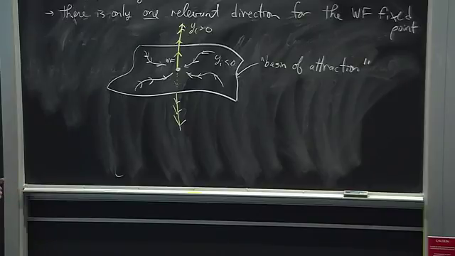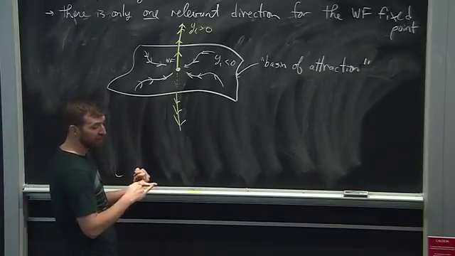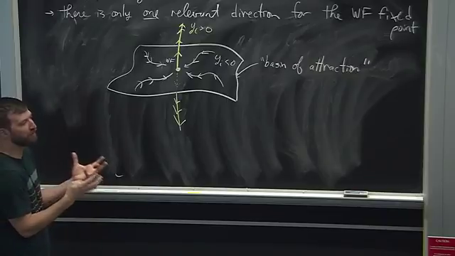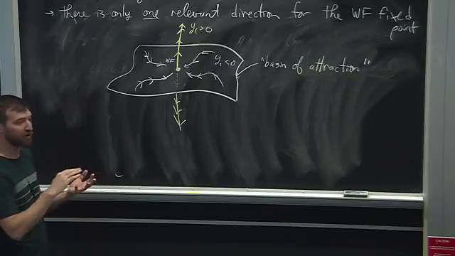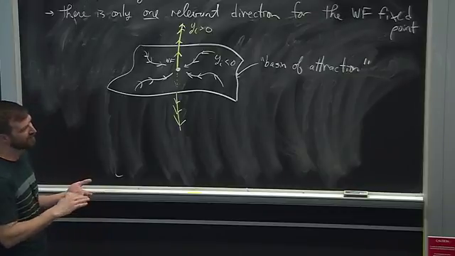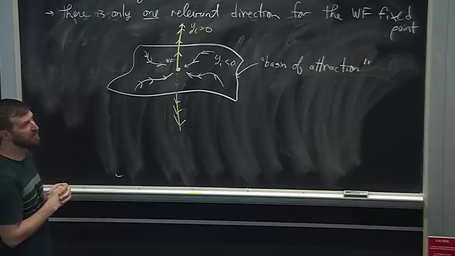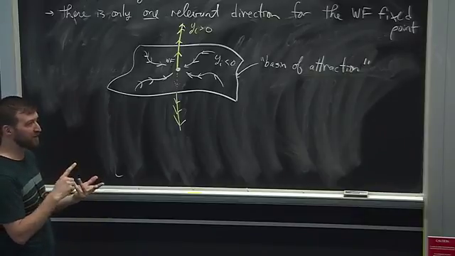And the universality classes depend on the symmetry of the degree of freedom of the field. So if it's Ising-like, if it's O2, if it's O3, that'll change things. It depends on the dimension. So it depends on the symmetry of the order parameter, the invariance of the interactions of the Hamiltonian, and the dimension.